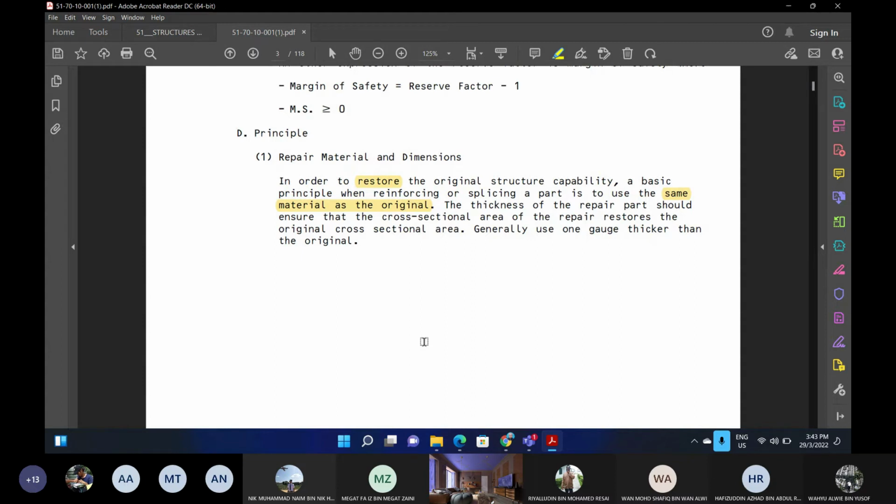So if your original material is 2024 T3, your doubler should be 2024 T3. General principle. If you are unable to get the doubler, you go back to the manual, you look for substitution. What can you substitute? What are the materials to substitute 2024 T3?